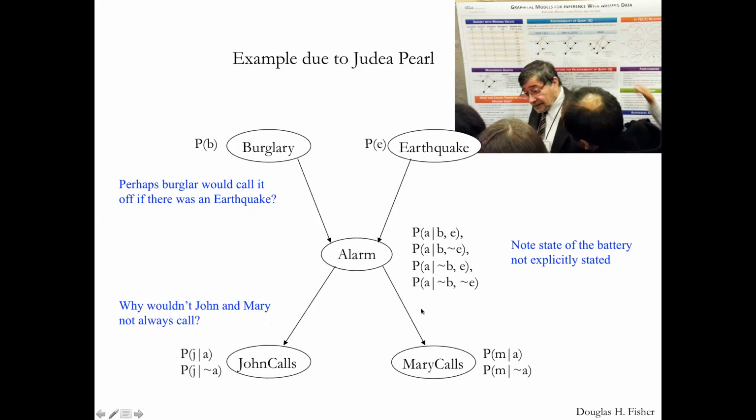The music may be too loud, so they don't hear the alarm, or they simply may be ignoring it and assuming that somebody else will call. And arguably, John may know Mary and may know that Mary always calls, or vice versa. So there might be an argument in representing this domain that there be a link there. But we've decided not to represent it.